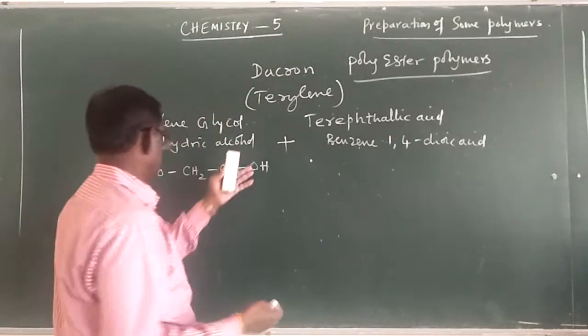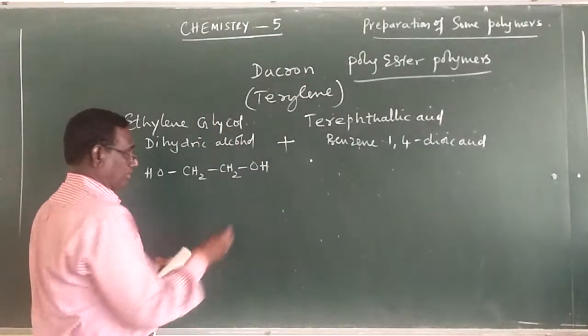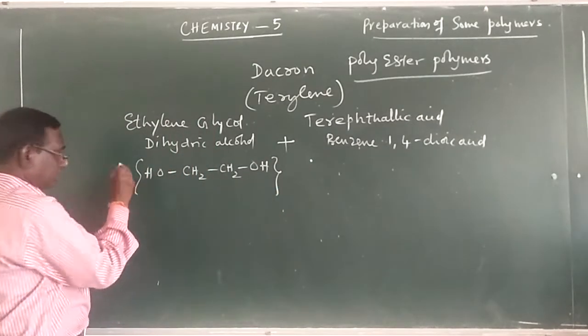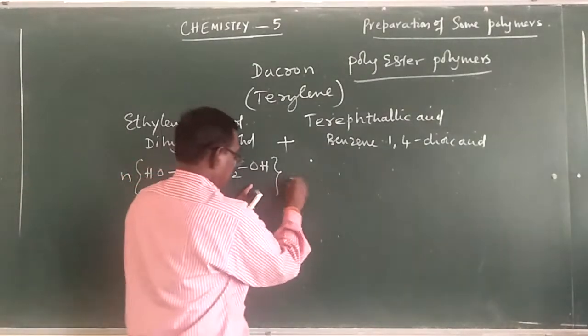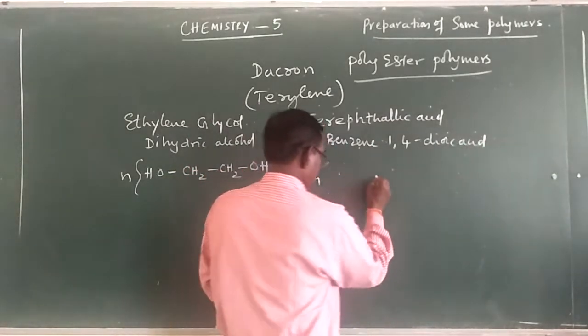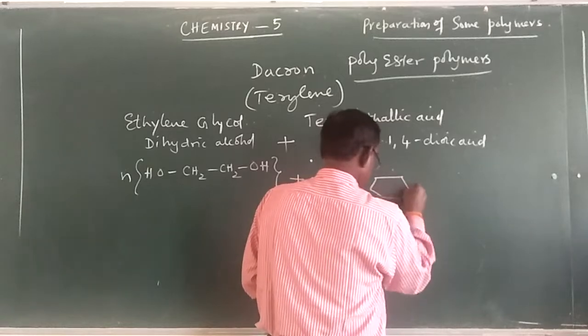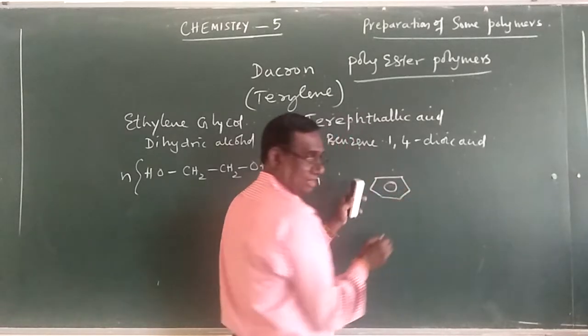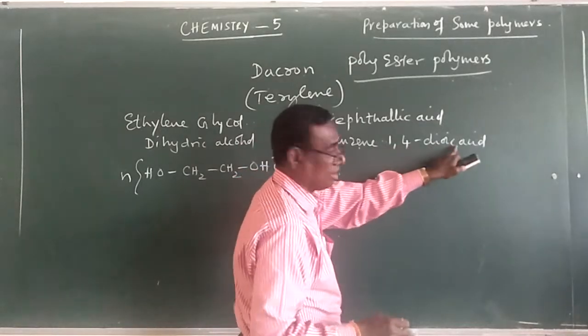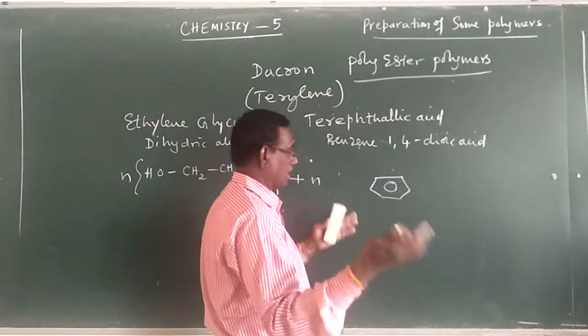How does this happen? I am going to write the formula. This is ethylene glycol, and I am going to take n molecules, plus n molecules of benzene 1,4-dioic acid. Benzene means C6H6, but here at the first position and fourth position there are two carboxylic acid groups.